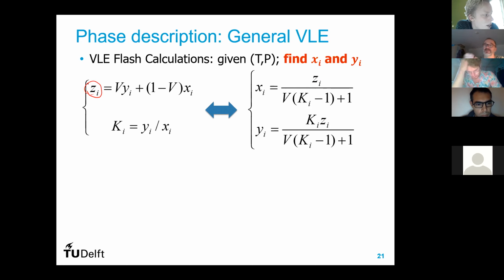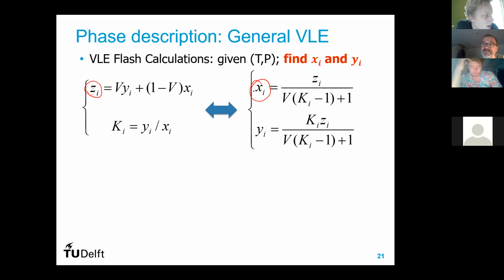That means this guy should be equal to Z. In other words, this guy will be exactly zero, right?